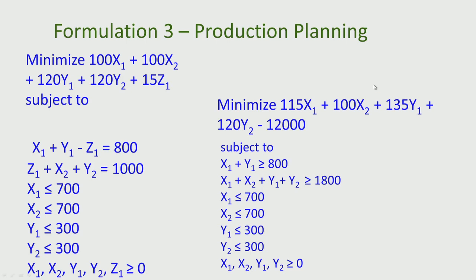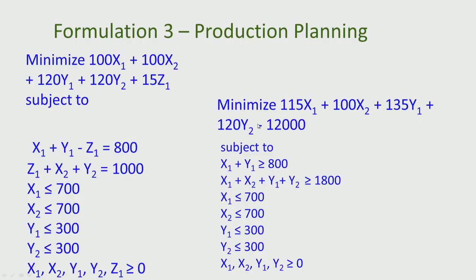So, it is alright if we write a greater than or equal to inequality here instead of an equation. So, the new formulation has eliminated one variable and has 4 variables, which represent the 2 regular time production quantities in the 2 weeks and another 2 variables which are overtime production quantities in the 2 weeks.